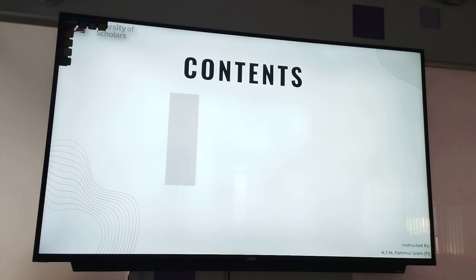What we will be learning in this chapter has been summarized in the contents section for you. First of all, we'll learn about the classification of inventories. How do merchandising companies and manufacturing companies classify their inventories? There are some differences.